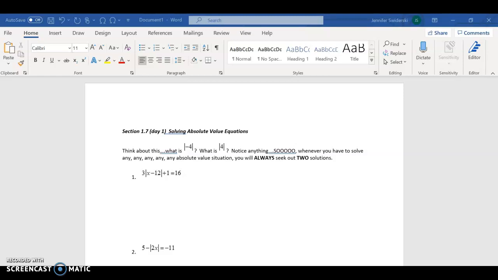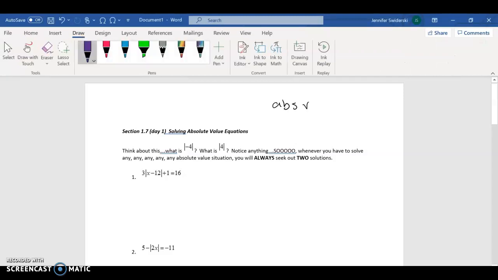Well, you might be noticing that whenever you have to solve any absolute value situation, you will always have two solutions. And the reason why is because the absolute value of -4 is 4, and the absolute value of 4 is 4. So when we're talking absolute value, we're talking distance.